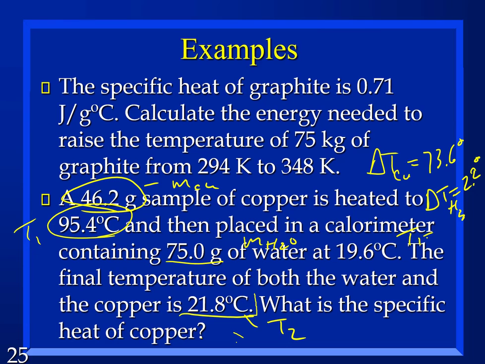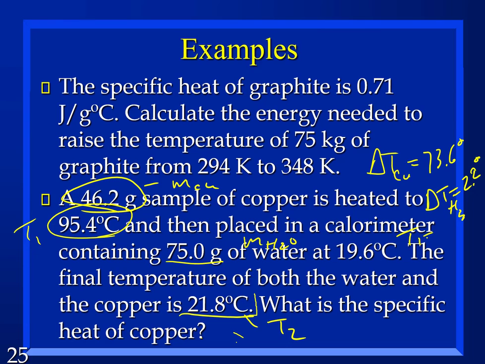Q equals mc delta T. But if I stick in water's numbers, I know all those numbers. M, the mass of the water, was 75 grams. C, water, is 4.18 joules per gram degrees Celsius. Delta T, the water changed by 2.2 degrees Celsius. So I can figure out the heat for the water. And the heat for the water is going to equal the heat for the copper.